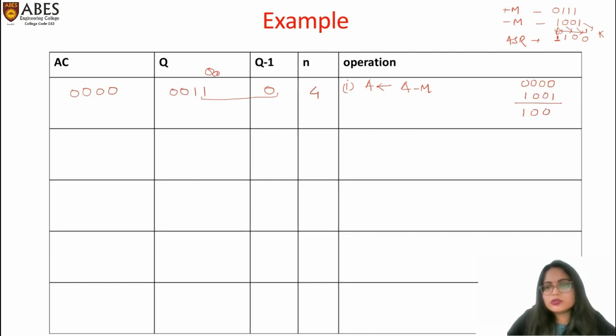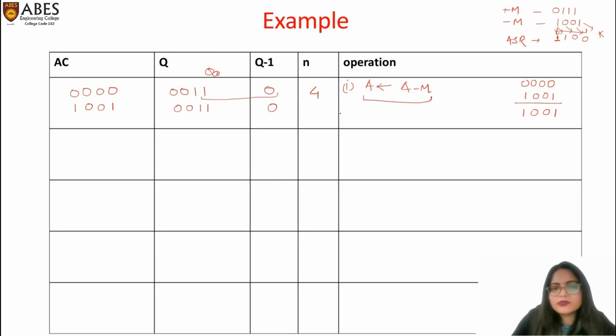So 1 0 0 1 will be there in the accumulator now. And Q will remain the same, Q minus 1 remains the same, and N is the same. Now after this A minus M operation, we need to apply arithmetic shift right. ASR will be applicable to accumulator, Q and Q minus 1.